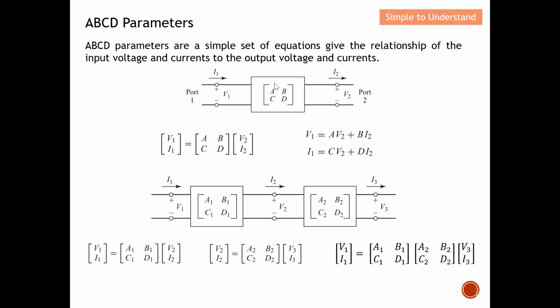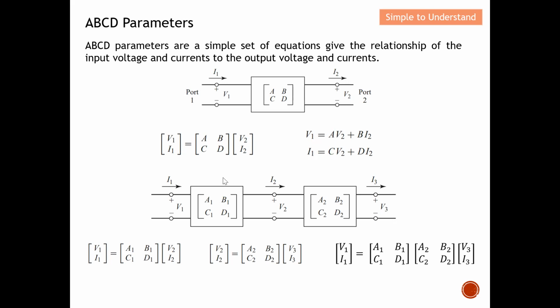Like in the diagram, the ABCD sits in between the input and output. V1 and I1 are the dependent variables, while V2 and I2 are independent variables. And from this matrix, you can easily derive this set of equations.